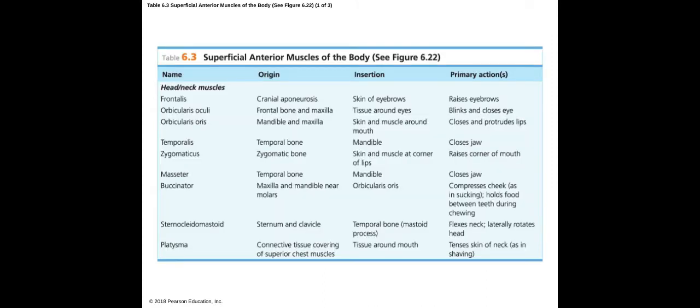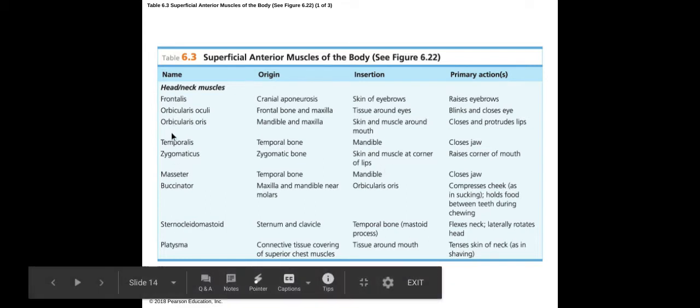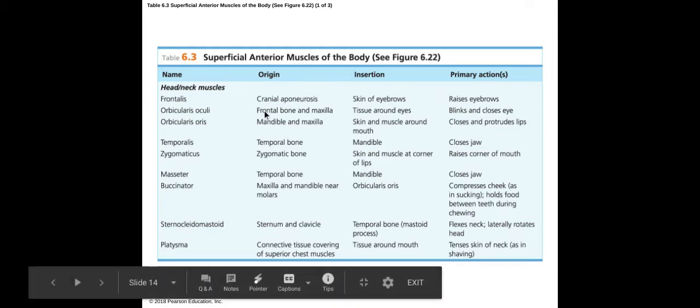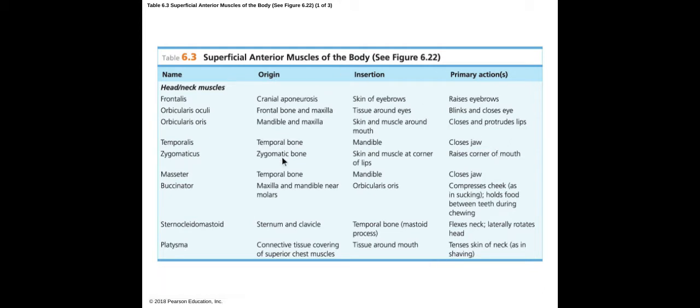All right, the next two tables, it's table 6.3 in your book. You guys will have a test over these on test week. I'll let you know when that is. But what you will have is a matching section where the names of the muscles are here, and then you will have to match them to their action, like what they do, and the origin.